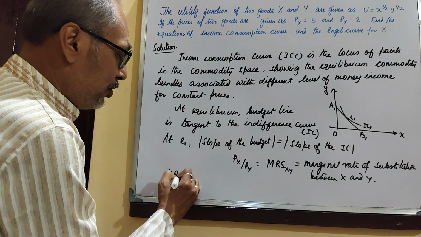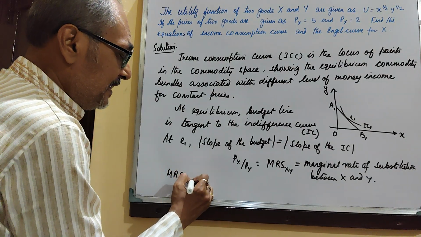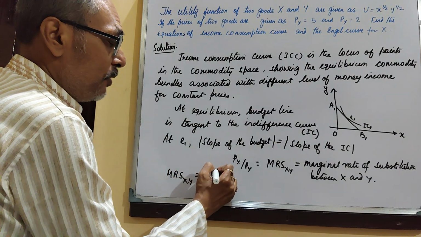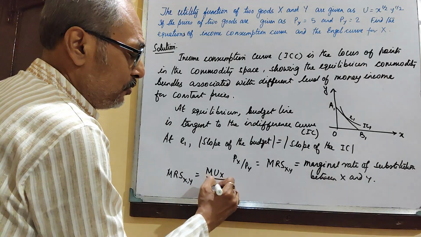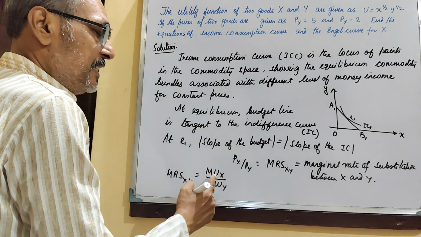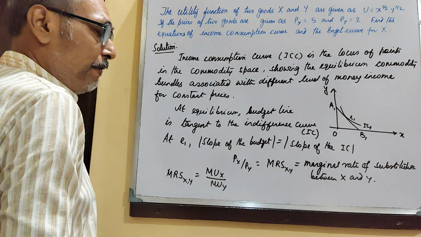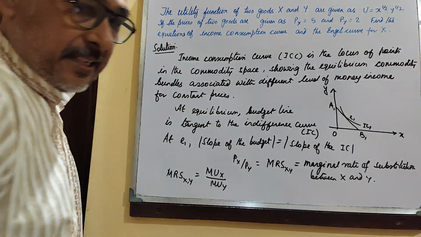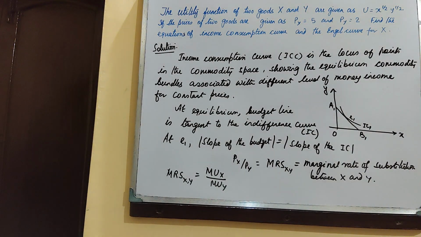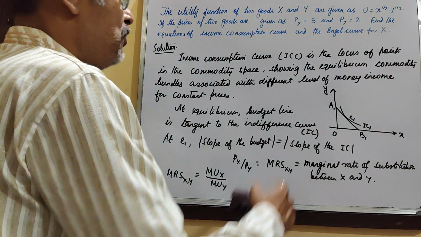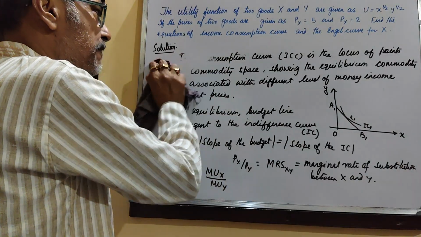MRS is the ratio of marginal utilities, mu X by mu Y, marginal utility of x by marginal utility of y. We have to calculate mu x, mu y for this utility function.